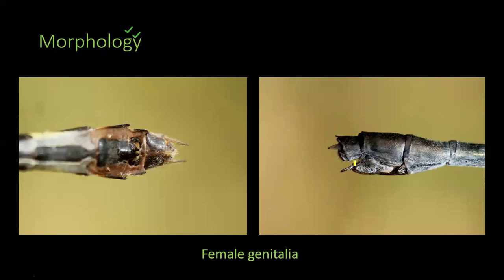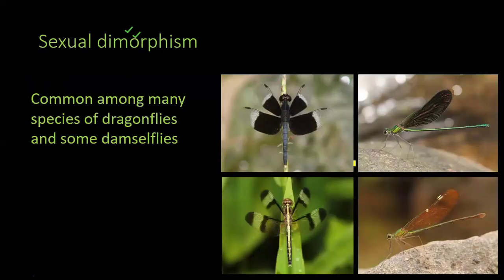So they have an organ towards the end of the abdomen on the ventral side, but males have a different organ at the base of the abdomen. This is something that we always use to differentiate the gender of dragonflies when we see them in the field.